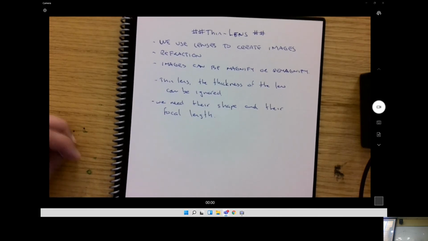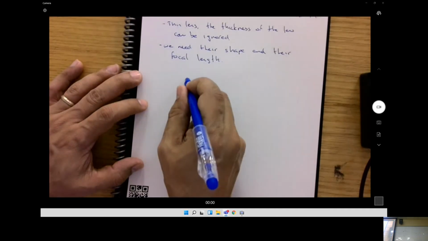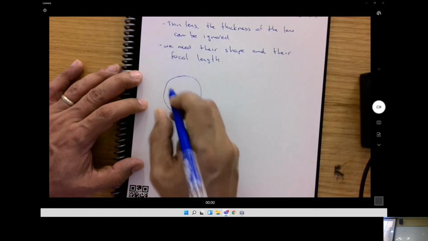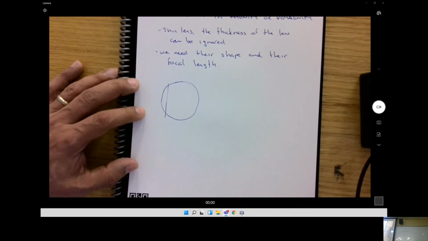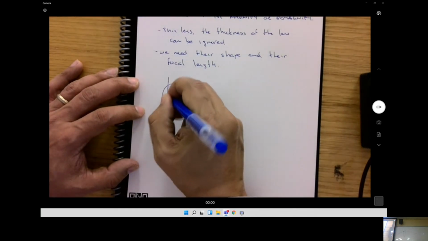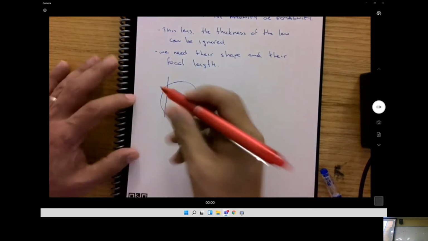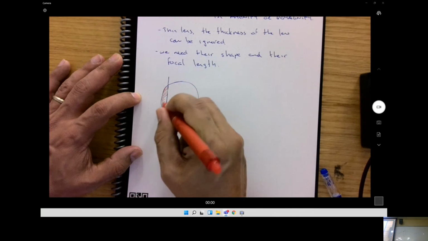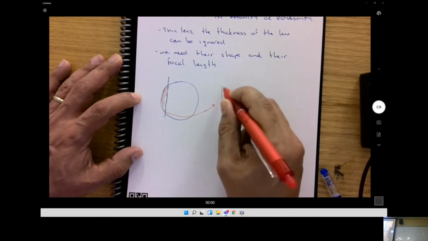Okay, there are a lot of shapes when working with lenses. The more common ones are lenses that are usually part of a sphere. So you can imagine that if you have a sphere and you cut a part of the sphere, the part that you cut is going to be your lens.